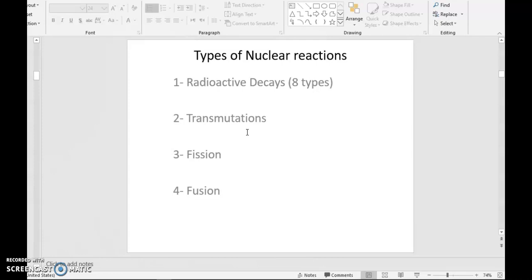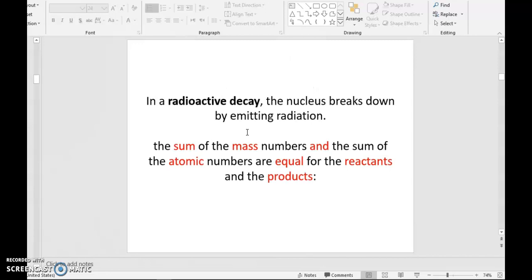Decays means breaking down, or disappearing eventually. So there is some kind of activity that causes the element to be broken down into other elements. So let's see what radioactive decay is.